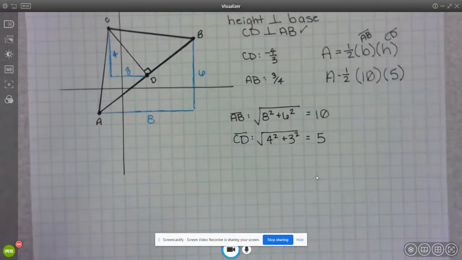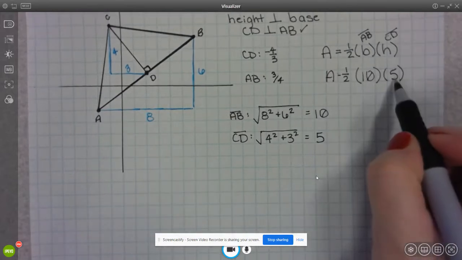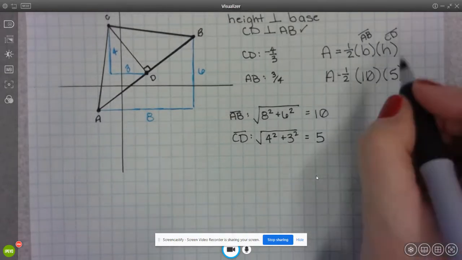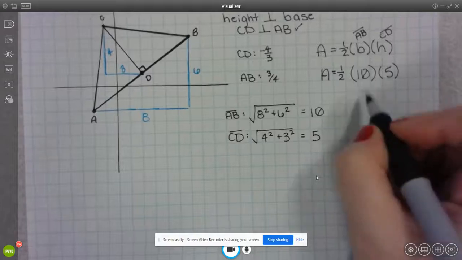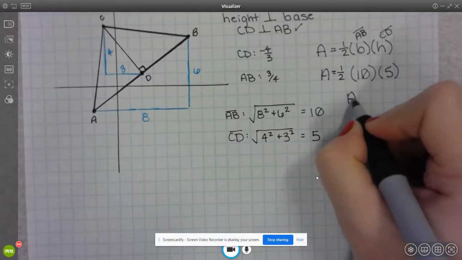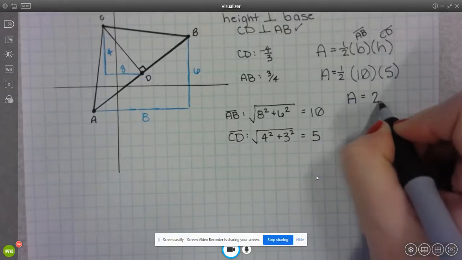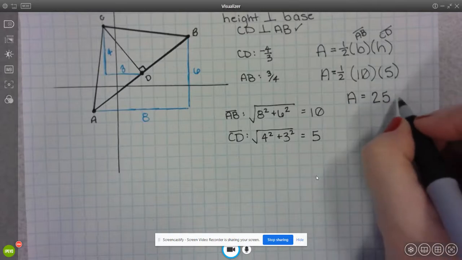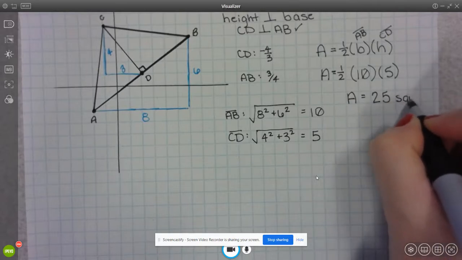So now I have everything I need for my area equation. So 10 times 5 is 50. Oops. And half of that tells me that my area is 25 square units.